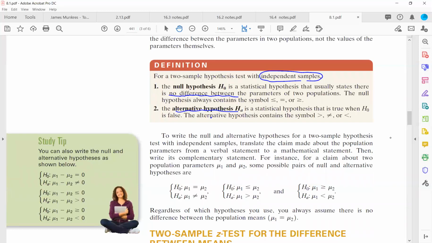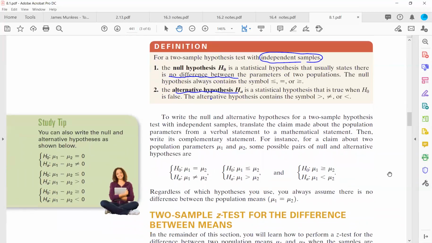If it's the case that your null hypothesis says the first population mean is less than or equal to the second population mean, its opposite is greater than. If your null hypothesis says the first population mean is greater than or equal to the second population mean, its opposite is going to be less than.